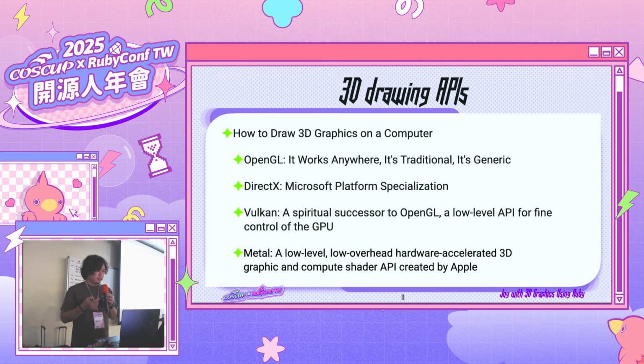Vulkan is a spiritual successor to OpenGL, a low-level API for fine control of the GPU. Metal is also low-level and low overhead, a hardware-accelerated 3D graphics and compute shader API created by Apple.